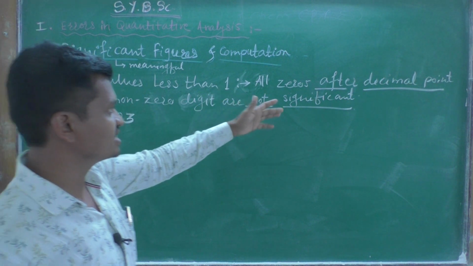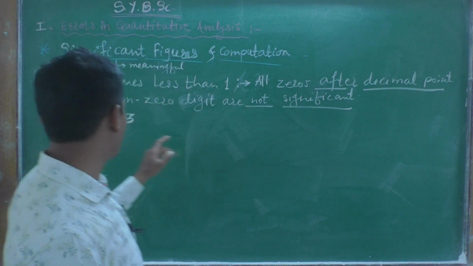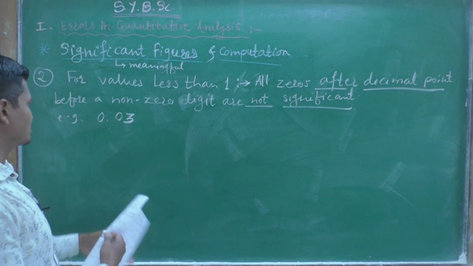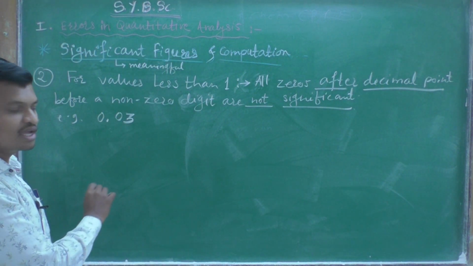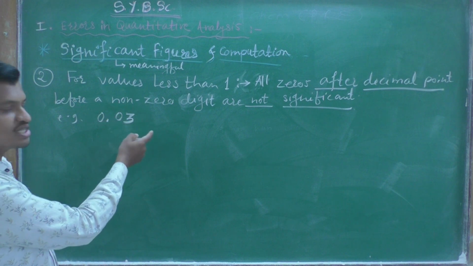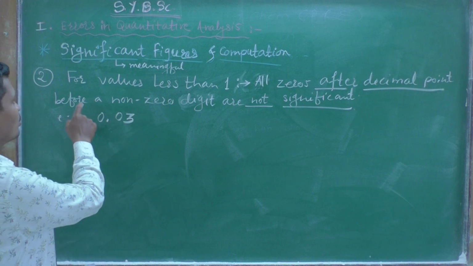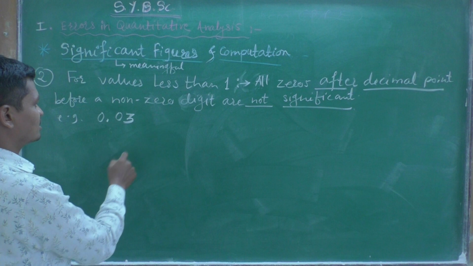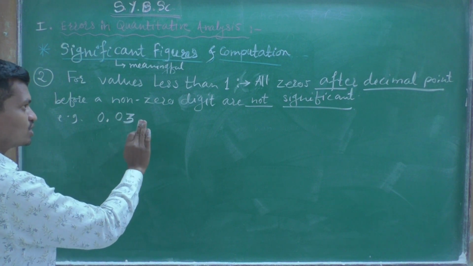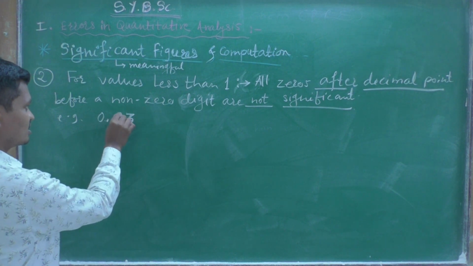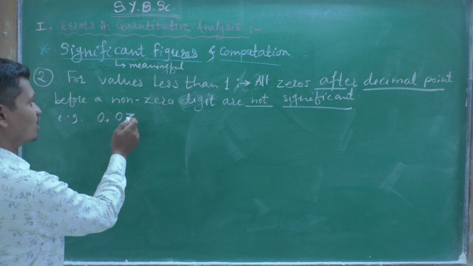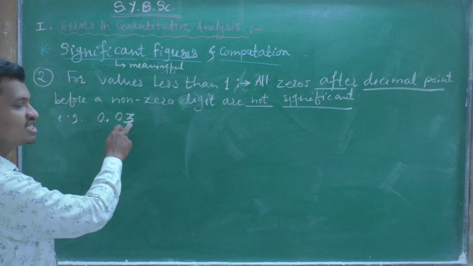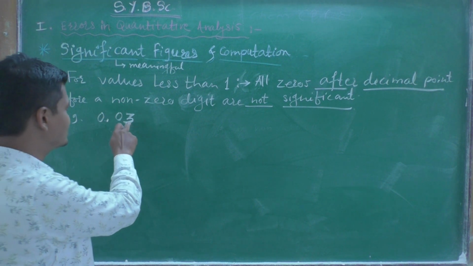But what is the next condition? After the decimal point. All zeros after the decimal point. So this is the decimal point here. And after the decimal point, how many zeros are there? Only 1, before a non-zero digit. This digit is a non-zero digit, and this is 3.